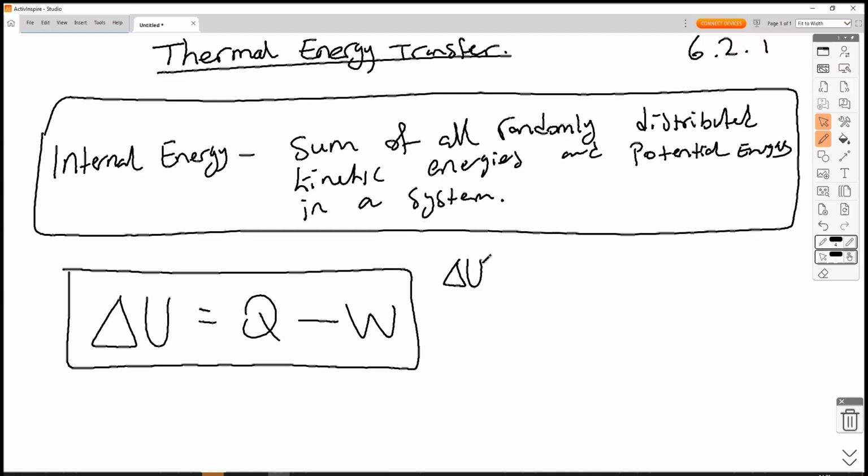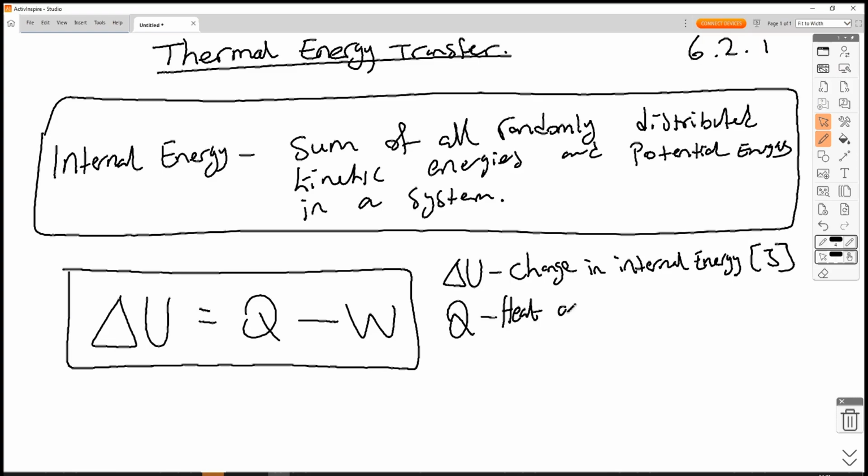So delta U is the change in internal energy, measured in joules. Q is the heat that's added to the system, measured in joules.